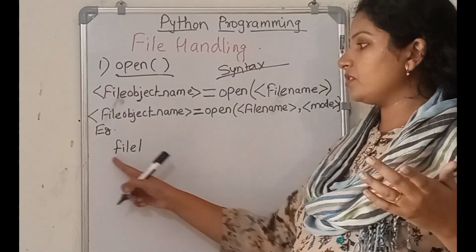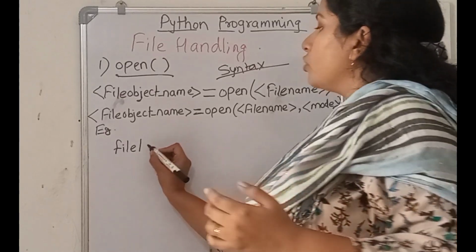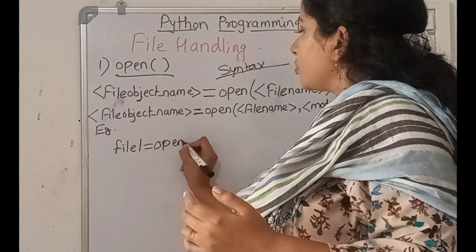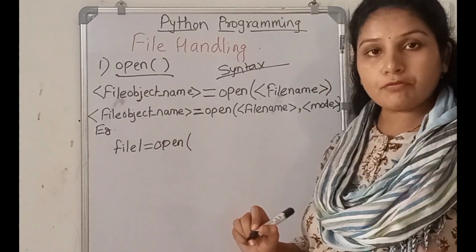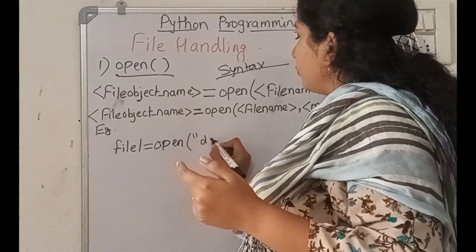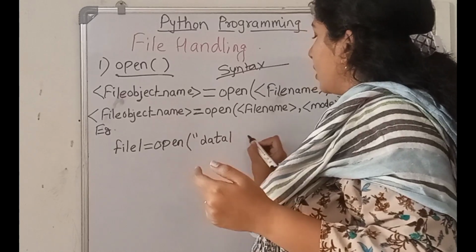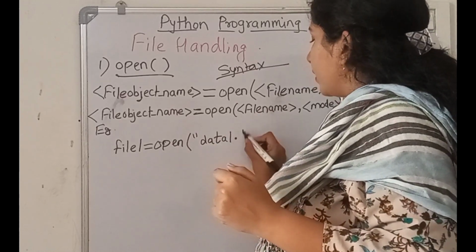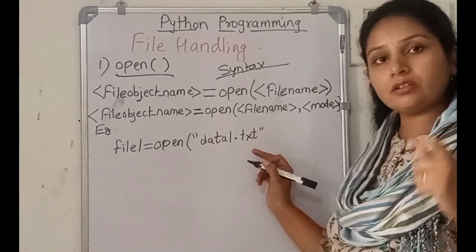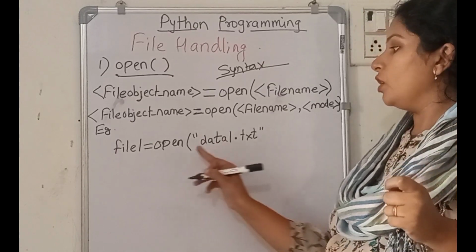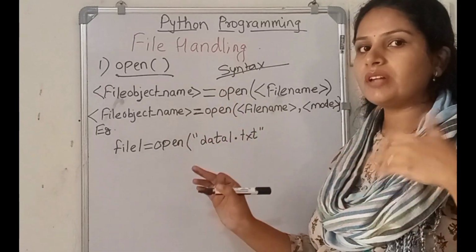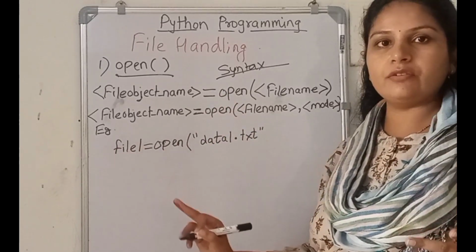So file1 is equal to open function. My file name is data1, so I will open the data1.txt file. Don't forget the extension, it is very important. And the file name should be enclosed within single or double quote. So I am going to open data1.txt and store the access or content into the file1 object.